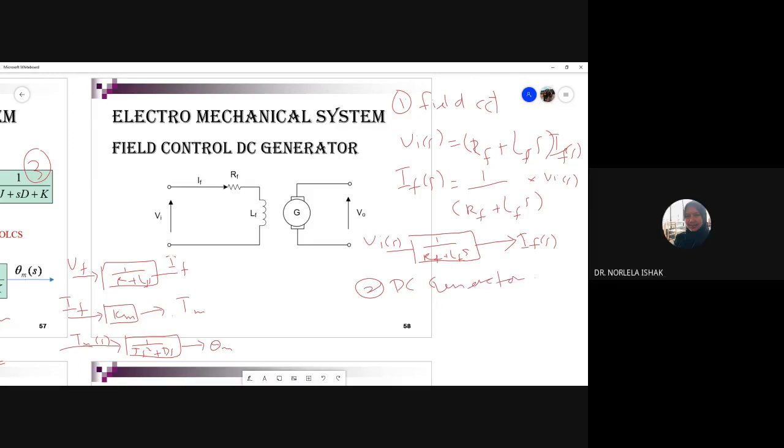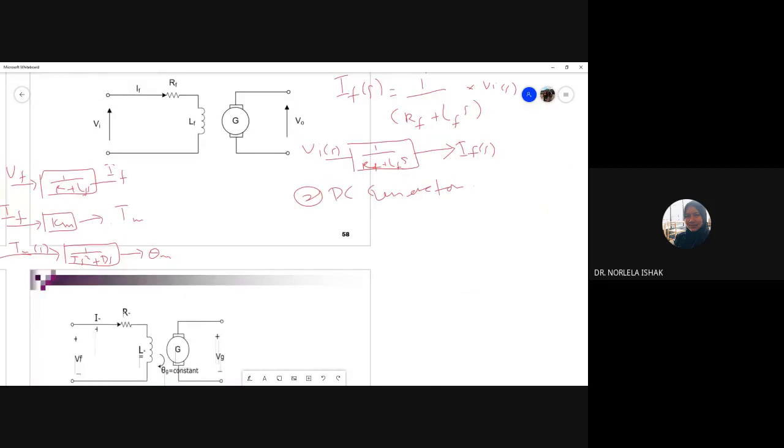So, what equation can you derive from the DC generator? You see there, V0 is the output generator voltage. What equation can you derive from V0?